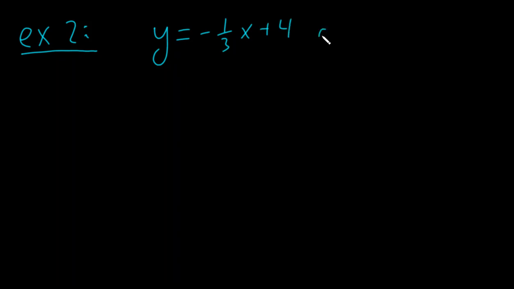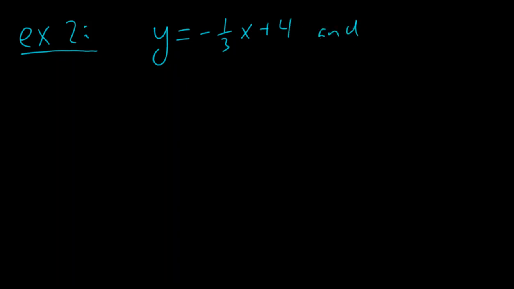Okay, let's go for our second example, example 2. And just understand, I'm just asking you to graph these. Let's say y is equal to negative 1/3 x plus 4.